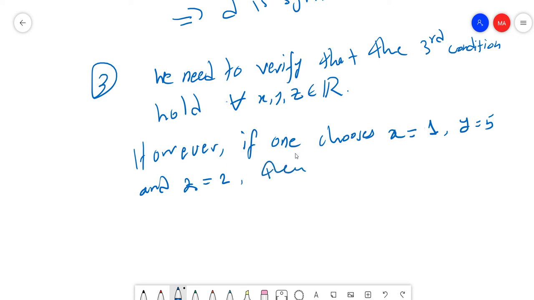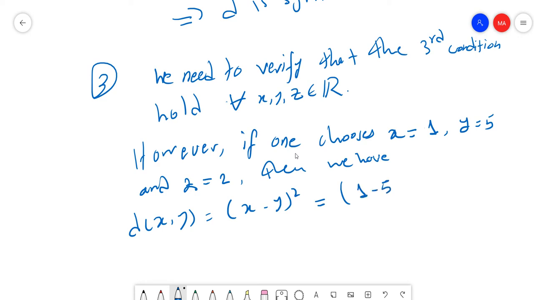then we have the distance between x and y, which is the square of the difference between x and y, and this is minus 4 squared, which is 16.